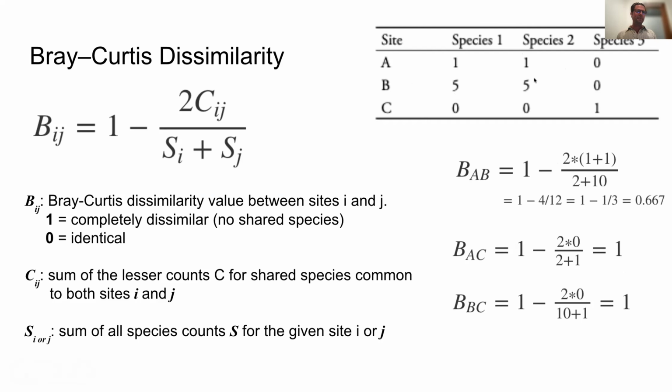And then the sum of all species found in each site: site B has 5 plus 5 is 10, site A has 1 plus 1 is 2, so 2 plus 10, and then we get basically a value of 2/3. So they're dissimilar in their counts, but they're actually identical in their species. And yeah, so there you have it.